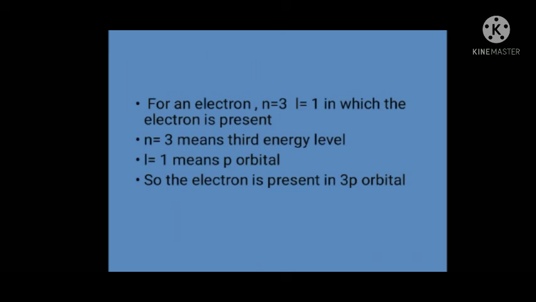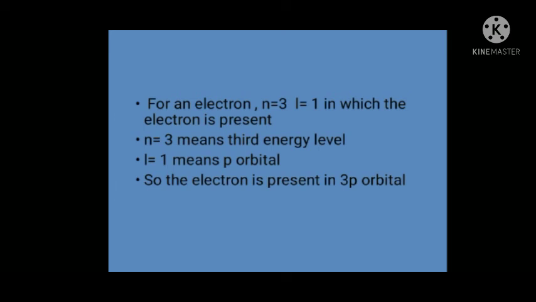Now, consider for an electron, the principal quantum number n is equal to 3 and the azimuthal quantum number L is equal to 1. So, can you tell in which orbital that electron is present, or in which subshell that electron is present? n is equal to 3 means that electron is present in the third shell.